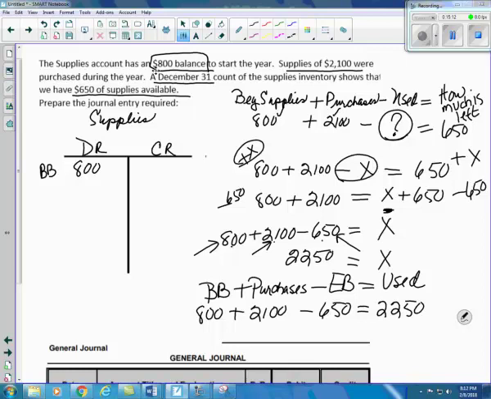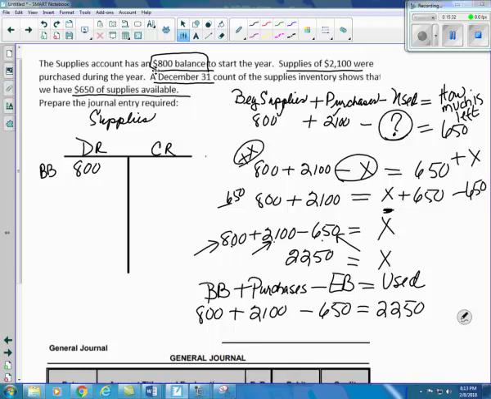Okay? So I'm going to come over to the T account because I always like to come up with an answer twice and see if it makes sense to me. So we have a beginning balance of $800. That makes sense. If we made purchases during the year, we know what that journal entry would be.